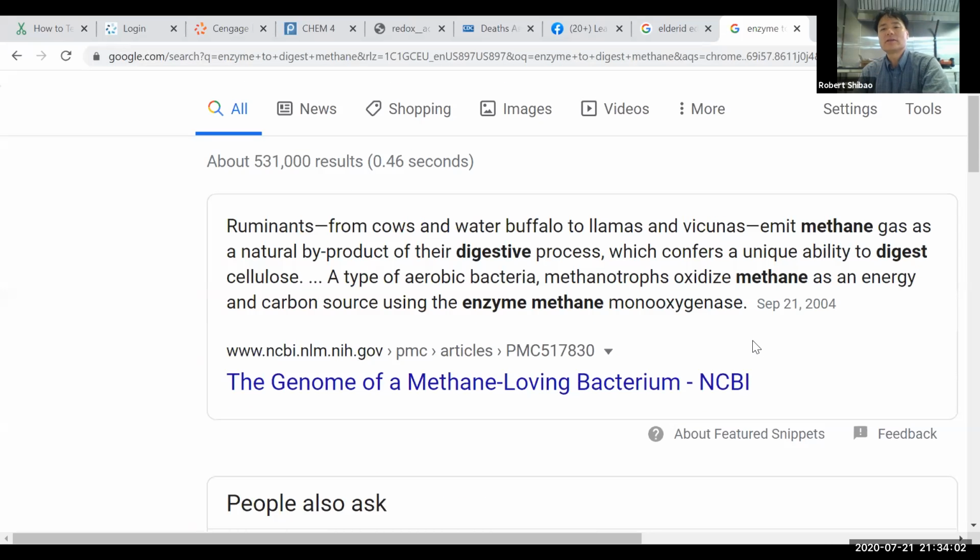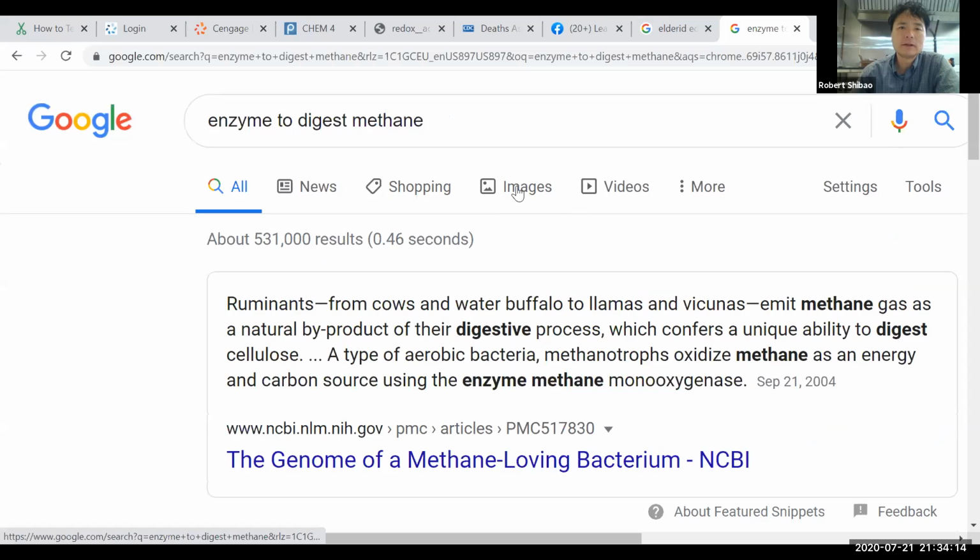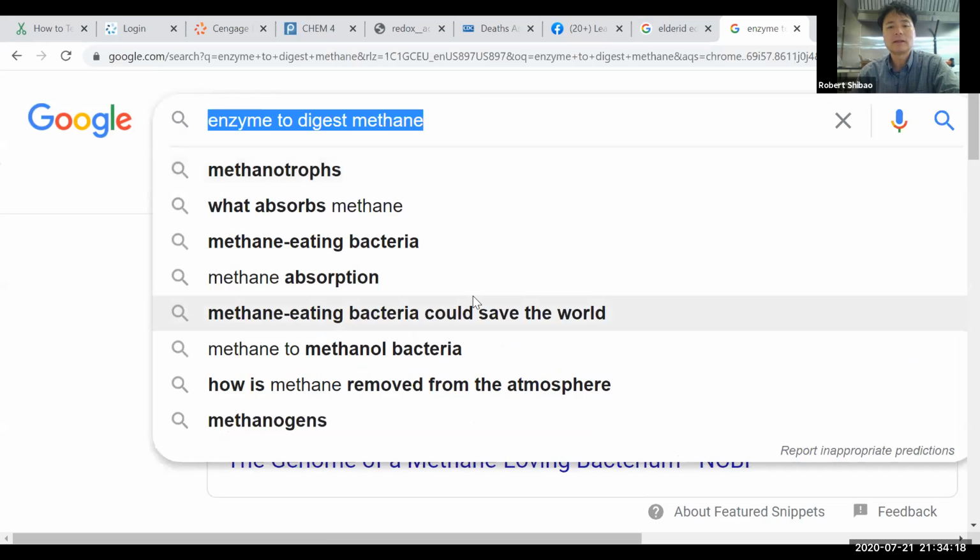I was kind of curious about this because methane is what they call a greenhouse gas. And they're talking about feeding cows some kind of enzyme to reduce methane output.